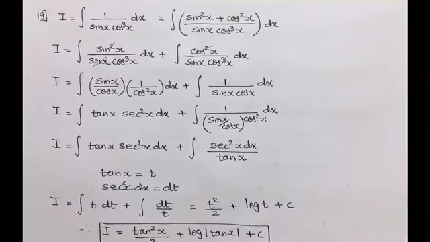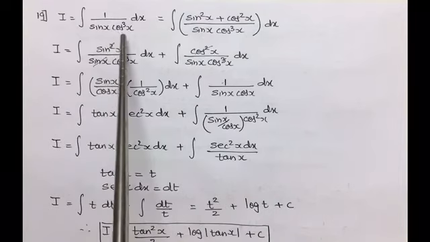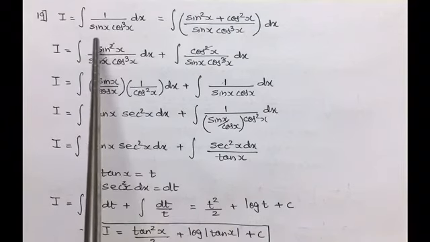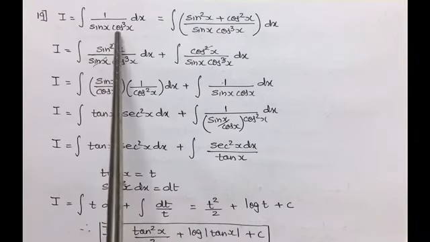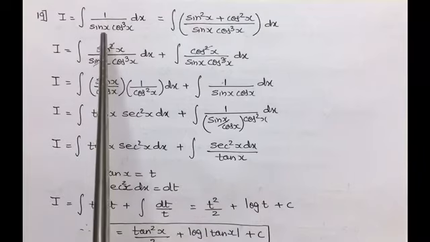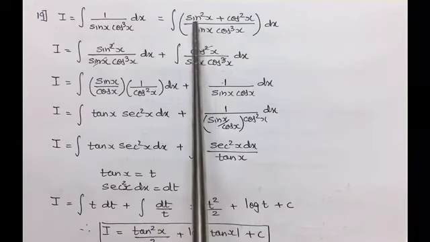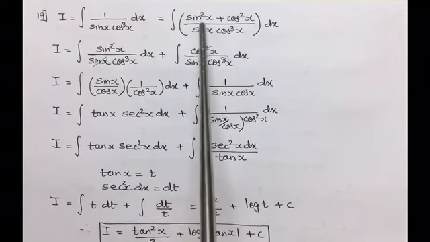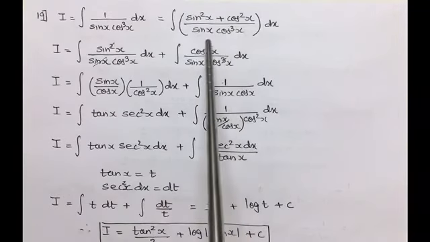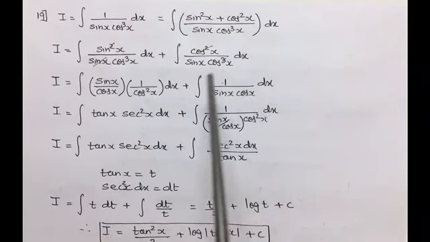19th one is I equal to integration 1 upon sin x cos cube x dx. Now whenever there is a combination of sin and cos in the denominator and the numerator is 1, then this 1 is expressed as the identity sin square x plus cos square x divided by sin x cos cube x dx.